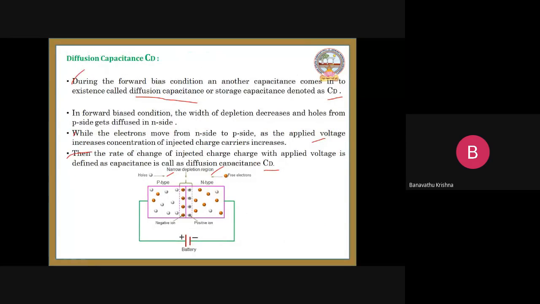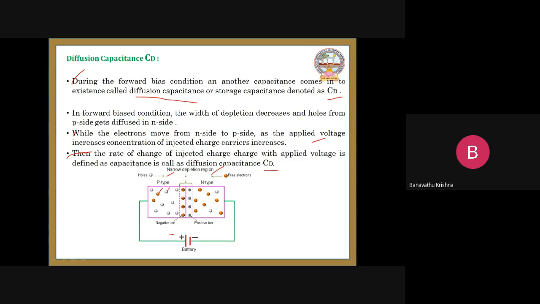Here the majority charge particles are holes, and the minority carriers are electrons. If you apply reverse bias, here we are applying a negative voltage to the negative charge particles, the minority charge carriers.